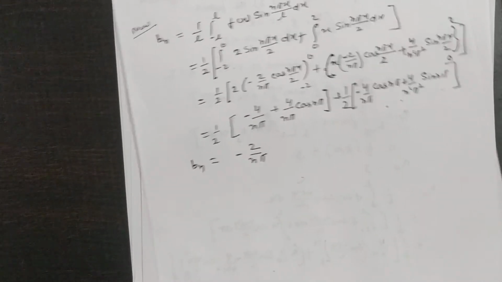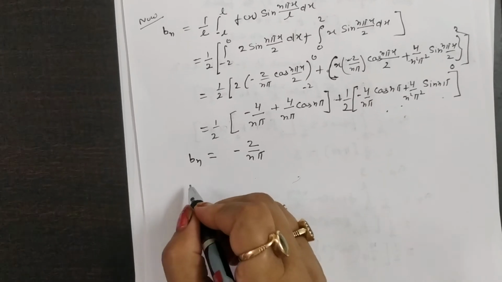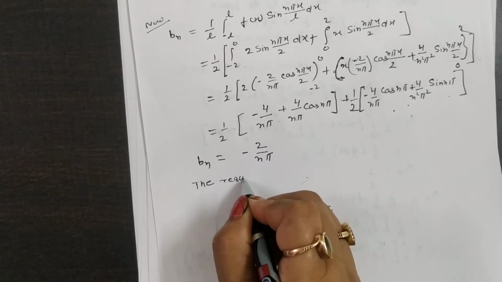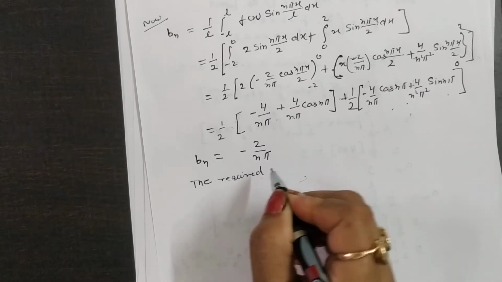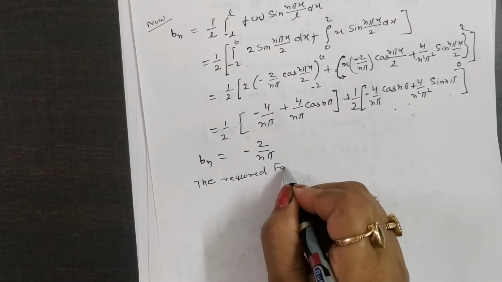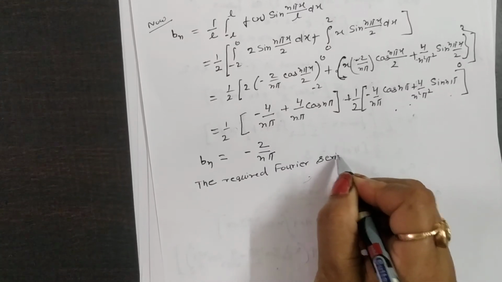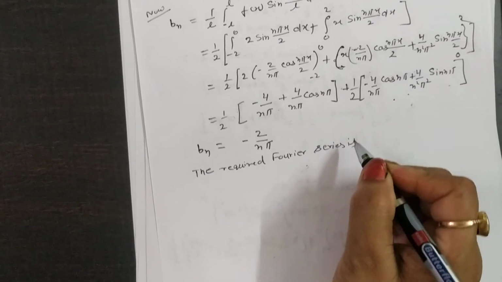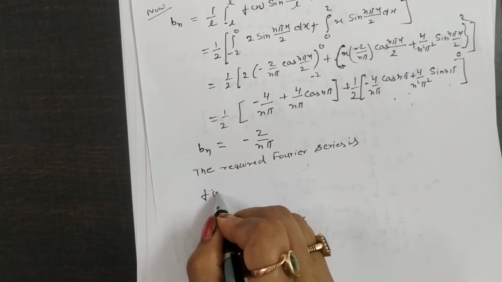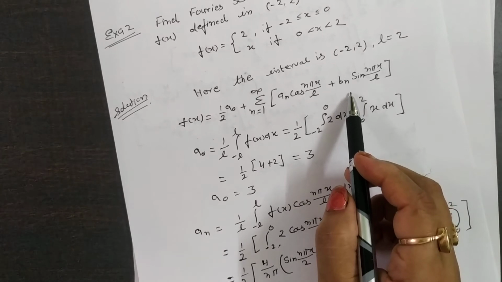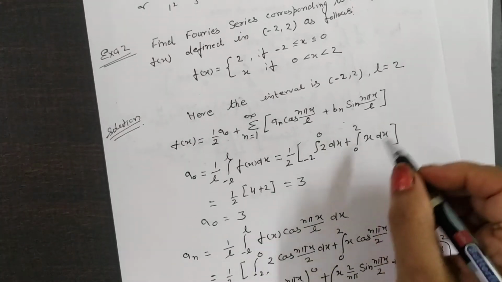Therefore, the required Fourier series is f of x, substituting all the values of a0, an and bn in this series, that is, in equation number 1.